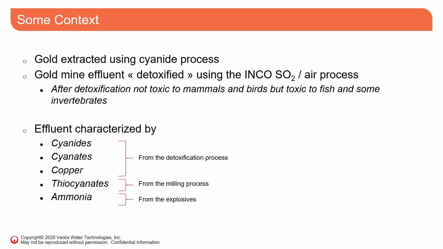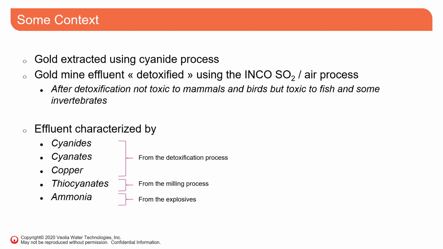So the gold mine effluent goes to a detoxification process. In the case of the mine we are looking at today, it's an Inco SO2 air process. After detoxification, the water is considered non-toxic to mammals. Dogs sitting in a pond won't die, but for fishes and invertebrates, this is not the same thing. Fishes and invertebrates don't like effluent from a detox system.